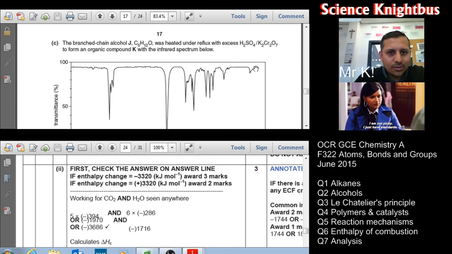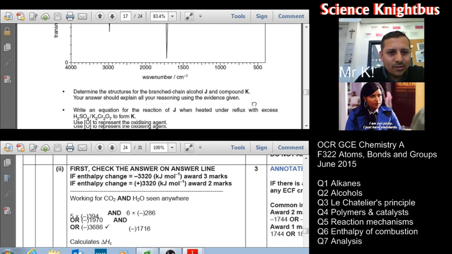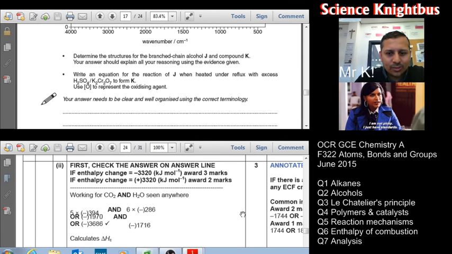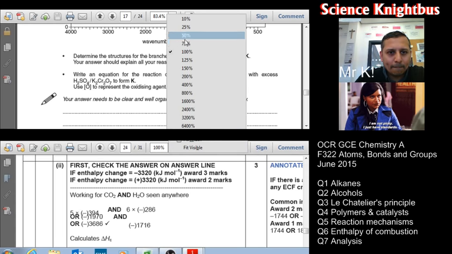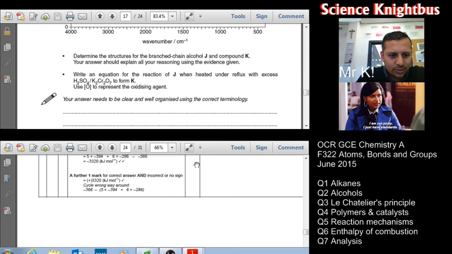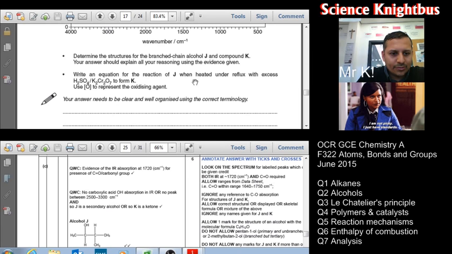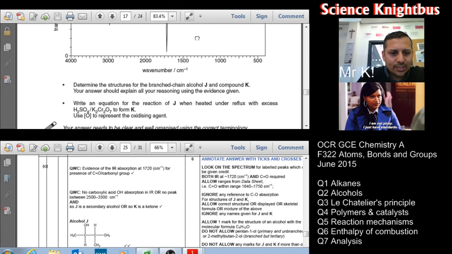Right. You've got an infrared, no broadening. So you've got a very sharp peak. Determine the structures. Let's see what the clues are. Now, you've got evidence of the IR absorption at 1720.